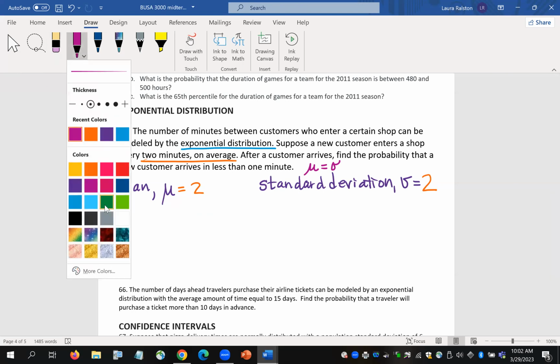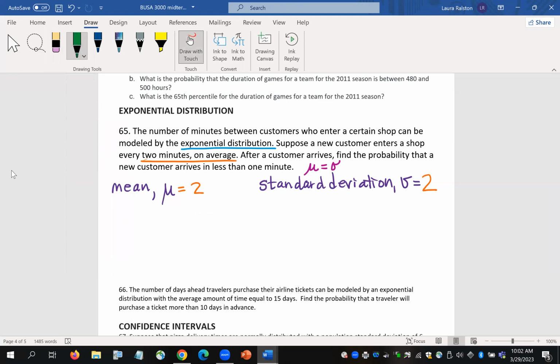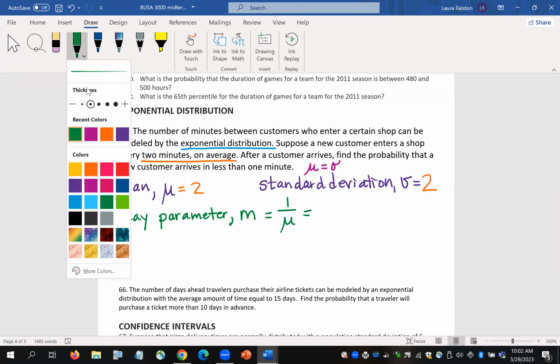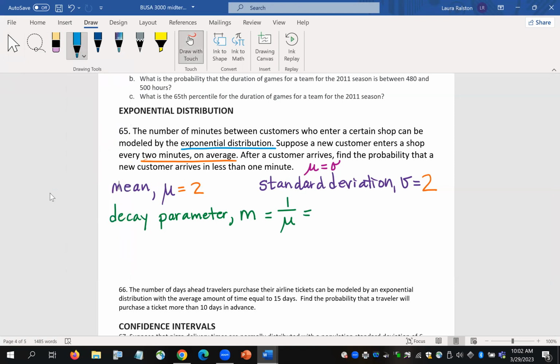The other important piece is the decay parameter. The decay parameter is represented by the letter m and is equal to 1 over the mean. So for this problem, my decay parameter is going to be 1 over 2, which is 1/2, as a decimal is 0.5.